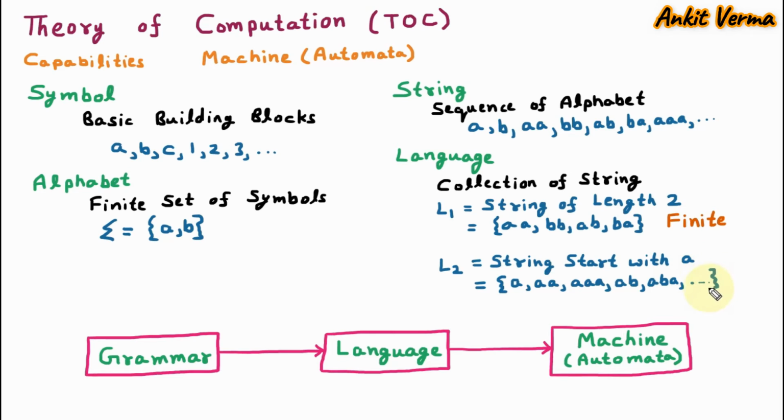So there are multiple possibilities, and this is not limited. That's why it is called infinite language.